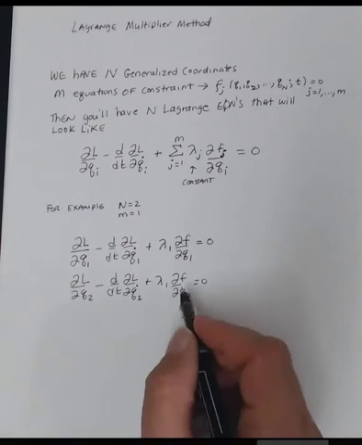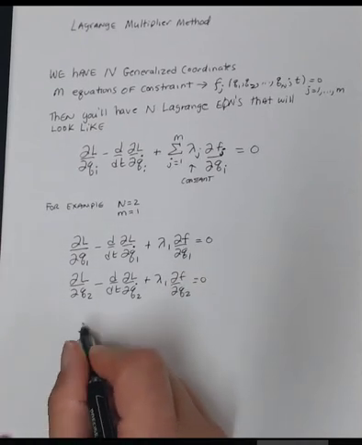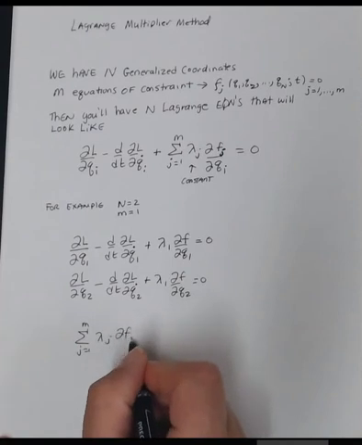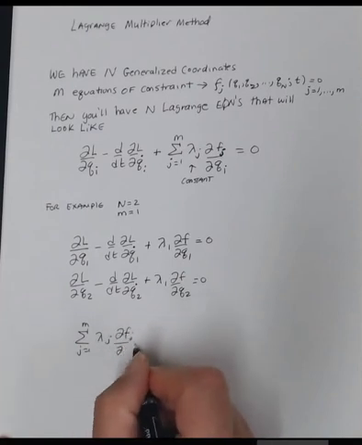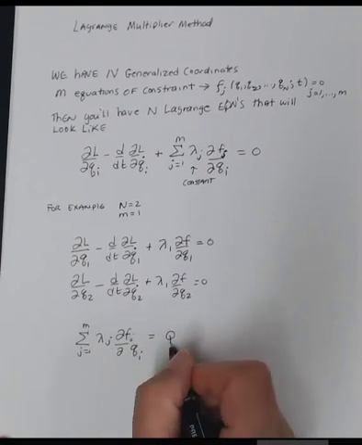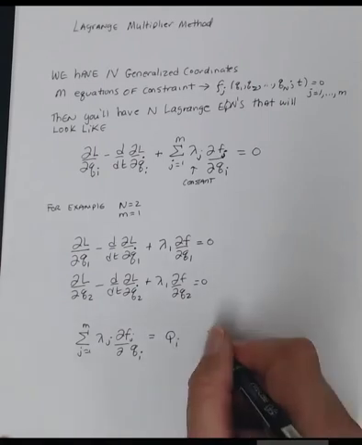Okay, now what is this term here? This, the sum, j equals 1 to m of lambda j dfj/dqi is, I gotta be careful, a generalized force.